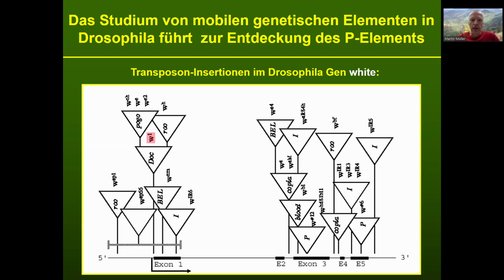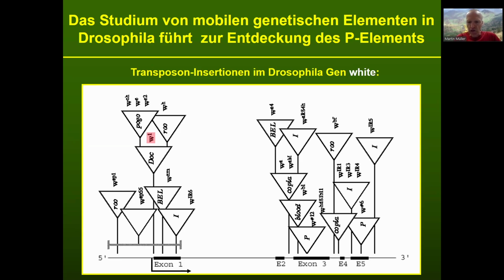There are many different mobile genetic elements in the fly, and the one which was studied around 1980 was the P element. You can see there is a P element here in white, there is a P element here in white. Yes, these are the only ones I can see at the moment. Anyway, one of these two was cloned.